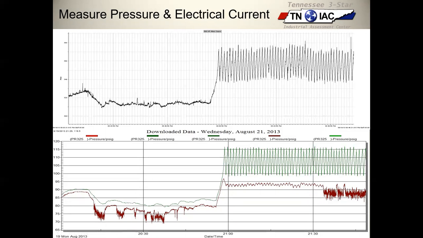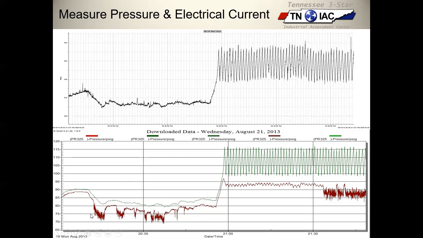It had more than one compressor operating, but this shows the amps on one compressor, and this shows the pressure in the system. And this was actually kind of interesting because at some point during the evening, an air compressor got turned off, and during this initial period we really didn't have enough compressors operating.